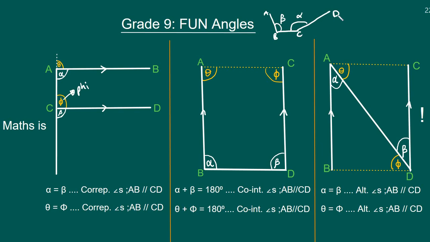So A and B are co-interior. But can we say when you add them, you will get 180 degrees? No, that can't be. I'm sure they give you more than 180 degrees. Why? Because the two lines are not parallel. But when the lines are parallel, when you add them, you'll get 180 degrees. Good. I hope that is okay.